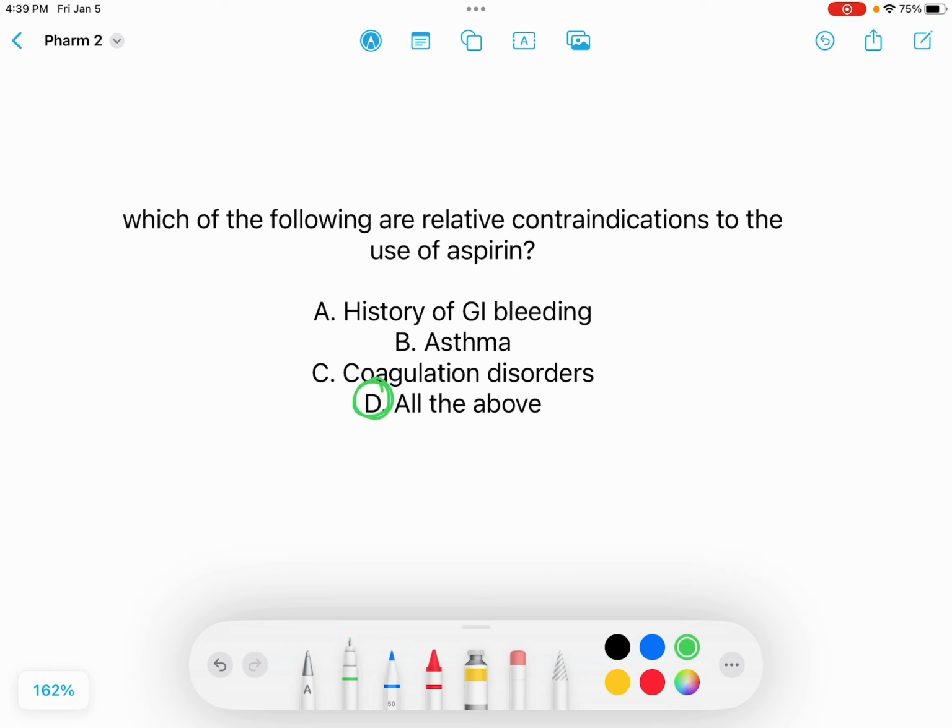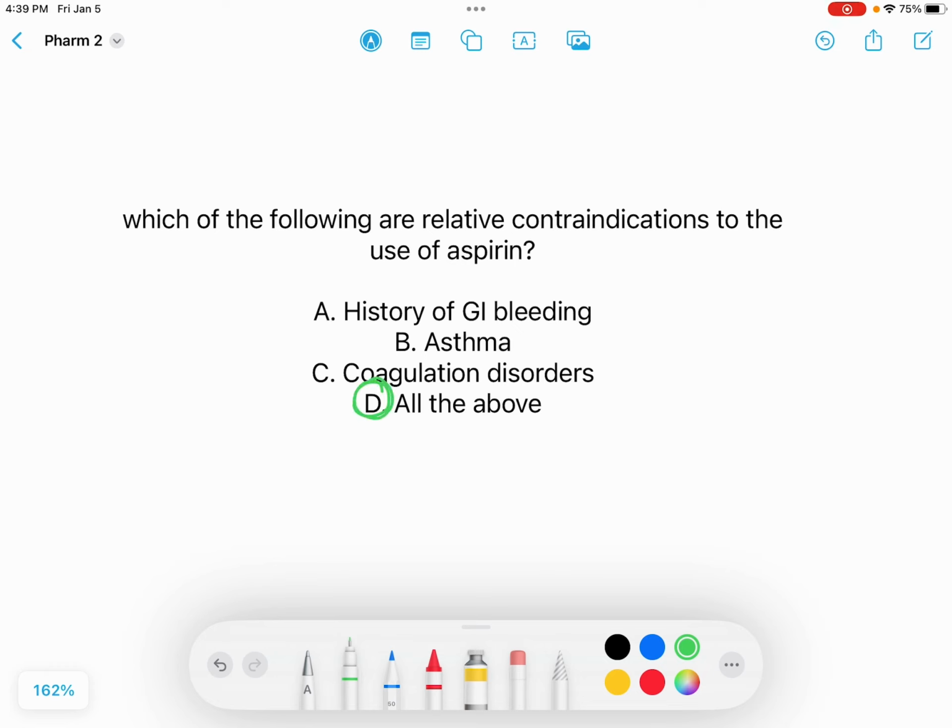I'm not entirely sure about the pathophysiology behind it, other than it has something to do with prostaglandin inhibition or whatnot. But some asthmatics will have bronchoconstriction related to aspirin use. So if you have a patient with a history of asthma and they're presenting with acute coronary syndrome-like symptoms, always ask, hey, have you ever taken aspirin before and had any issues with it?